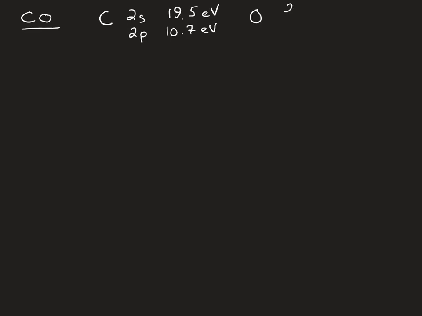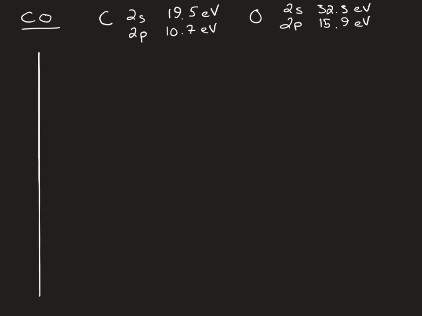For oxygen, the 2s has an ionization energy of 32.3 eV, and the 2p has an ionization energy of 15.9 eV.